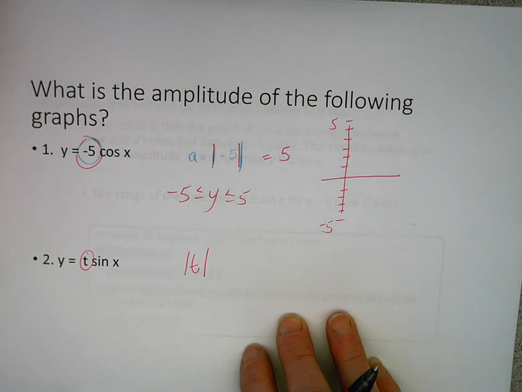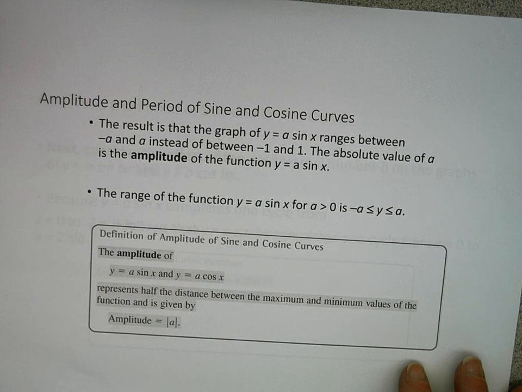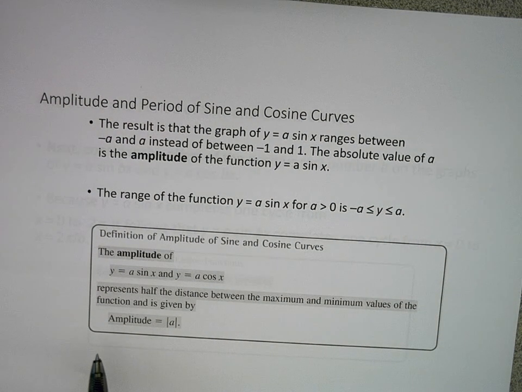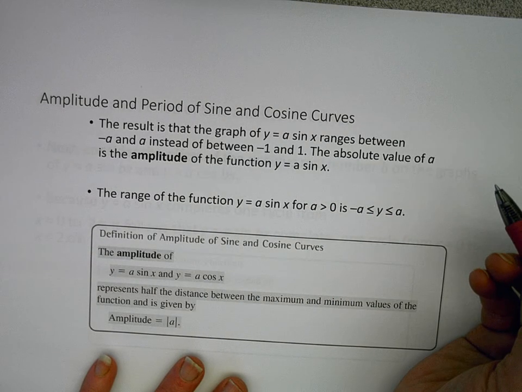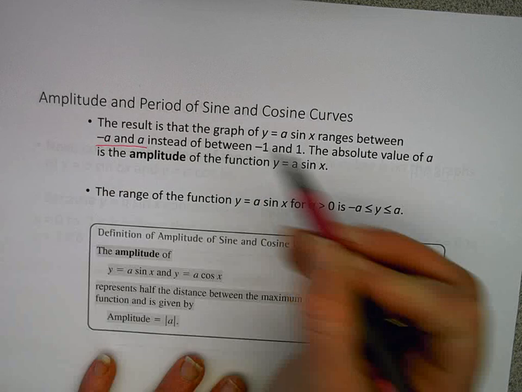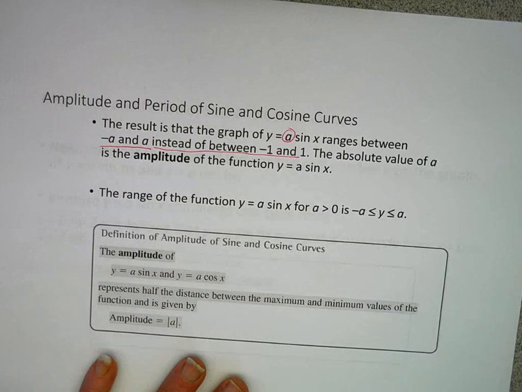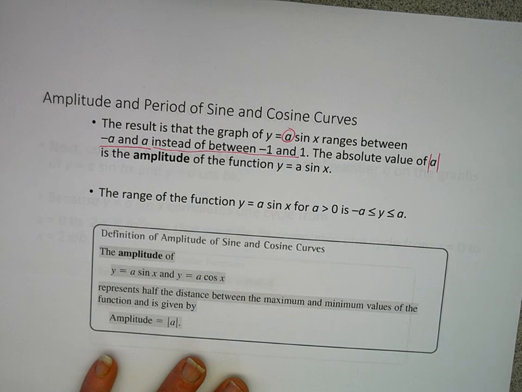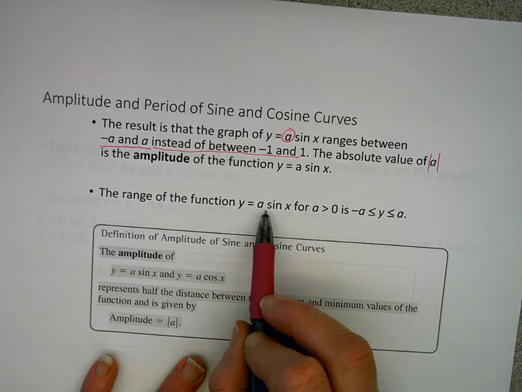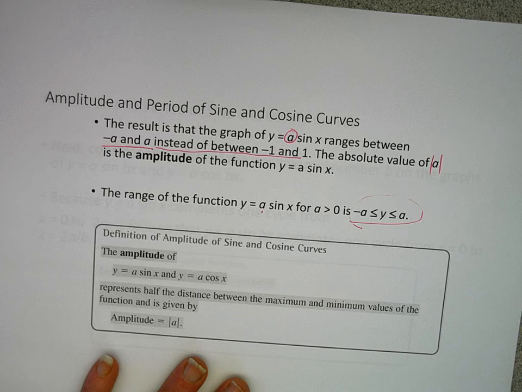scale on your y-axis. Okay, so exactly what it says at the top of the left-hand side of your notes. It says the amplitude and period of sine and cosine. The graph of y equals a sine x ranges between negative a and a instead of between negative 1 and 1. So whatever that a value is, that's how you scale your y-axis. The absolute value of a is your amplitude. And so no matter what, you're going to range your y-axis whatever that a value is.